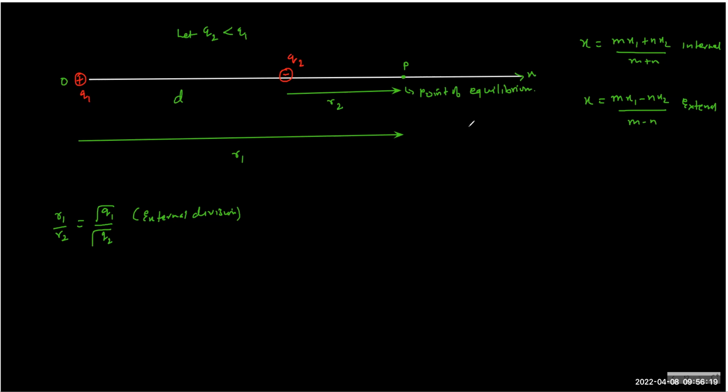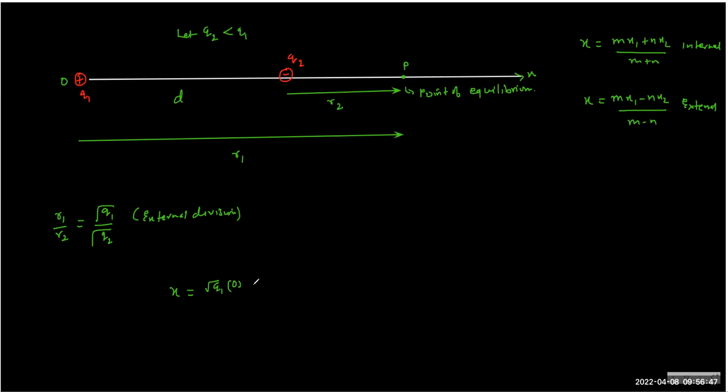So for this case, x equals to mx1. What is m? Root q1, right? So root q1 into x1, which is 0 because it is at origin.